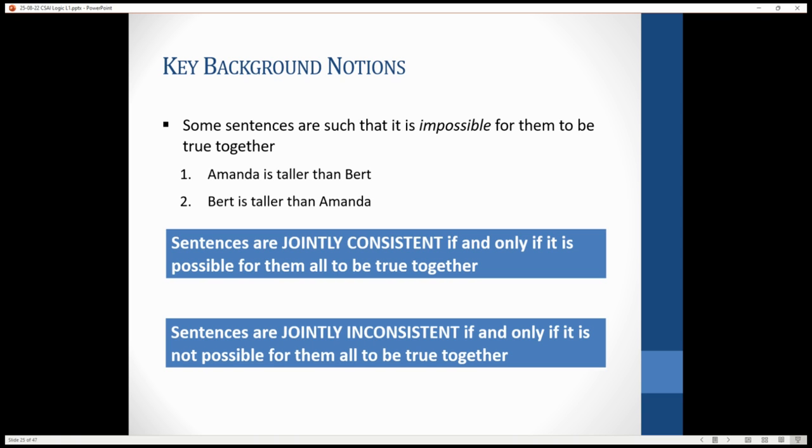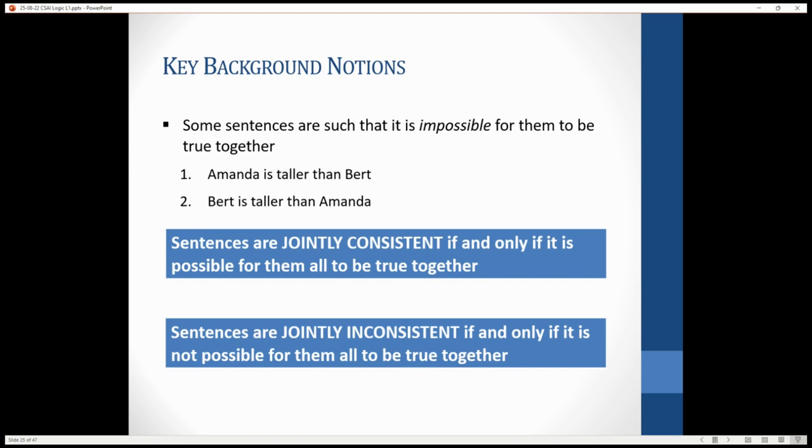So to flesh out this idea of sentences that are not possibly true together, we can come up with some notions. We'll say some sentences are jointly consistent if and only if it's possible to make them all true together. And some sentences are jointly inconsistent if and only if it's impossible for them all to be true together.